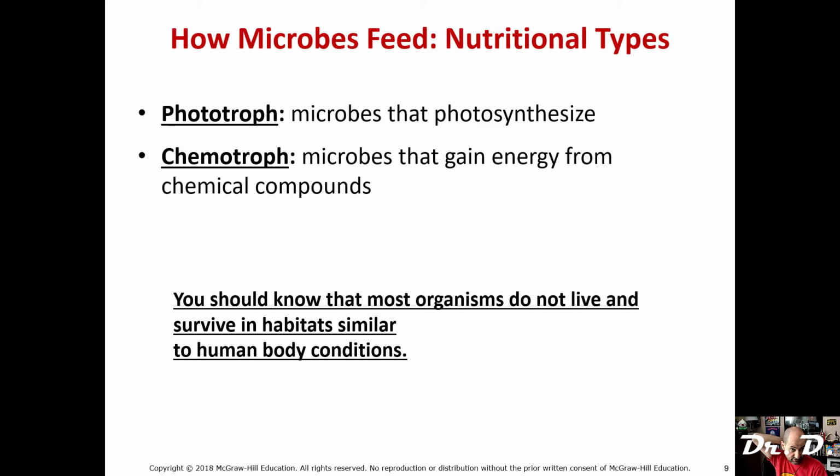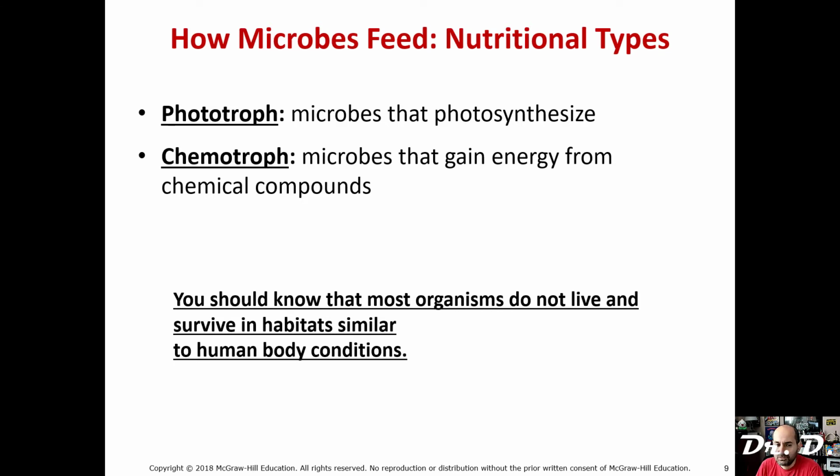Again, as I just mentioned, phototroph versus chemotroph, you should know that most organisms do not live and survive in habitats similar to the human body condition. So what's the human body condition? You know what it is. It's 37 degrees C, 98 degrees Fahrenheit. That would be a mesophile, with the pH of the body and the salinity of the body.